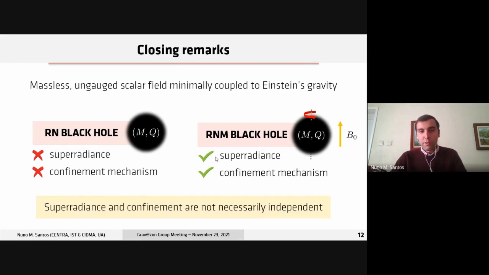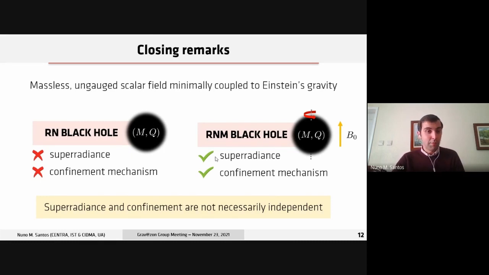So to conclude, let me just run over some key points again. If you consider a massless neutral scalar field interacting with a Reissner-Nordstrom black hole, okay? So we are talking about the system on the left. This system is not prone to superradiance.